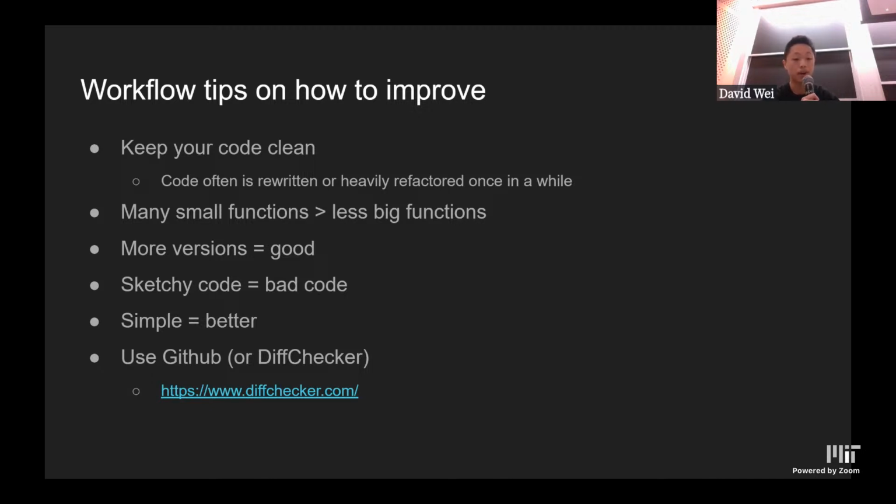Another thing is you want to have many small functions as opposed to a few big functions. That makes testing a lot easier, and it keeps code organization a lot better. And it's also good to have more versions of the code, especially for testing purposes, like if you want to test a previous version of your own bot.